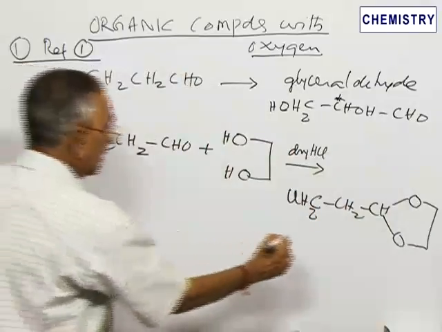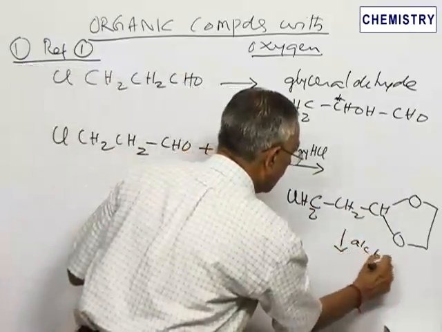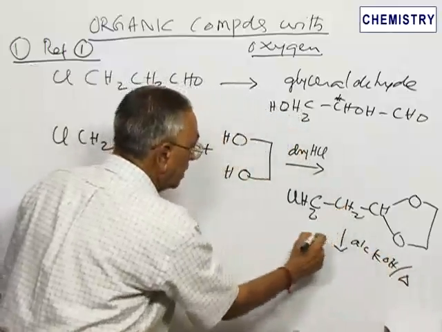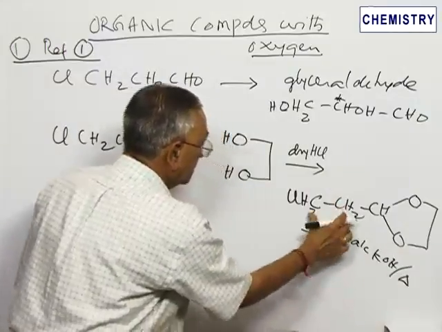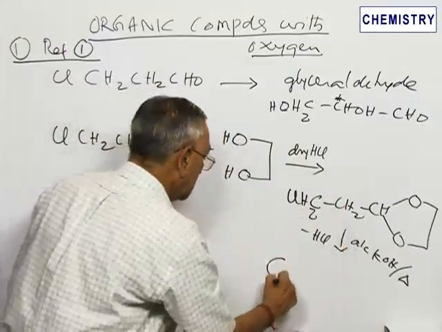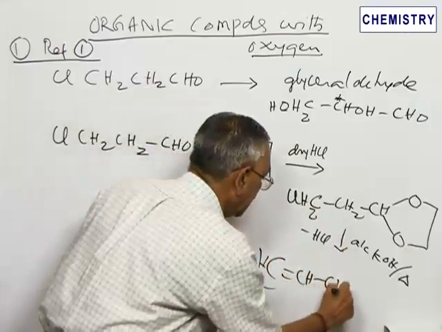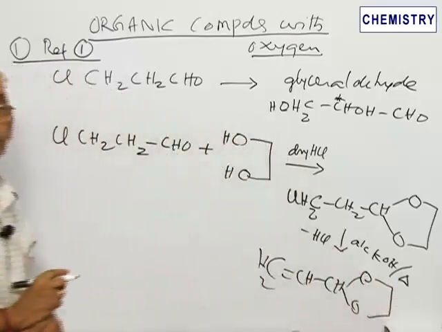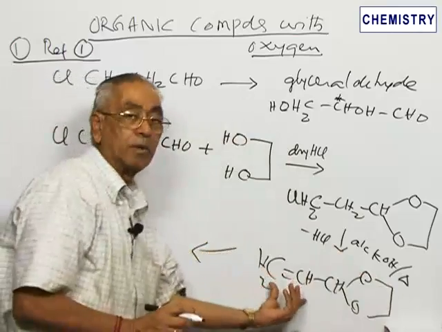Now you do the reaction with hot alcoholic potassium hydroxide. With hot alcoholic potassium hydroxide, this will lose a molecule of HCl to give CH2=CH, and then the protected aldehyde. Now we have a double bond here.